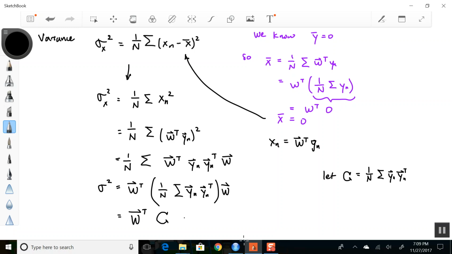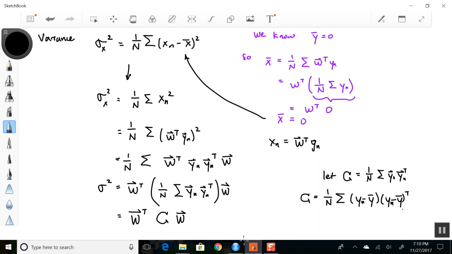for all the n's. And if we take a close look at this, if we recall that each y has a mean of 0, then this can actually be further expanded to y minus y bar times y minus y bar transpose, keeping in mind that each y bar is 0.